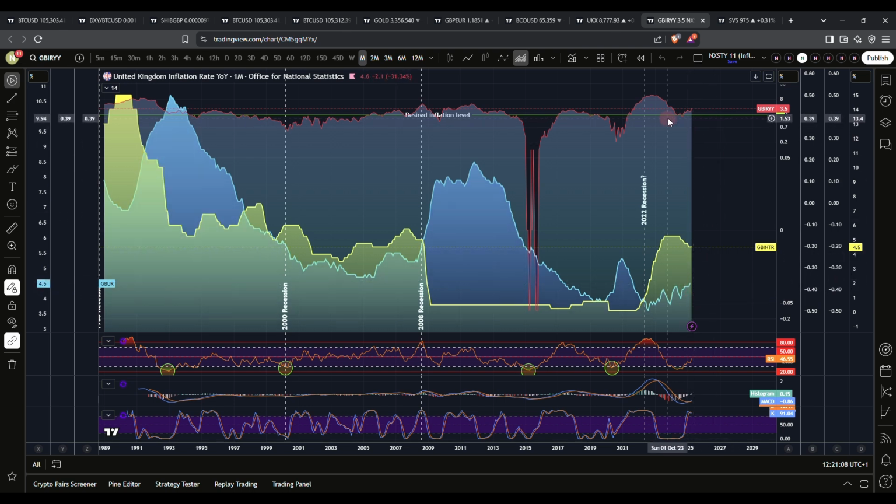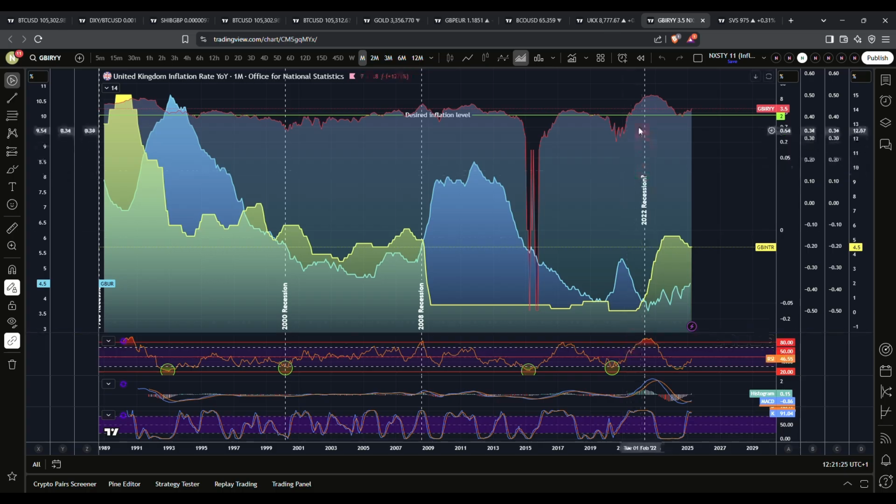This means that if inflation continues to go up, and we can see the RSI is approaching a very important level like it did during 2021.